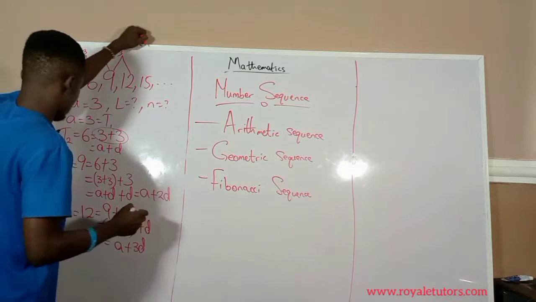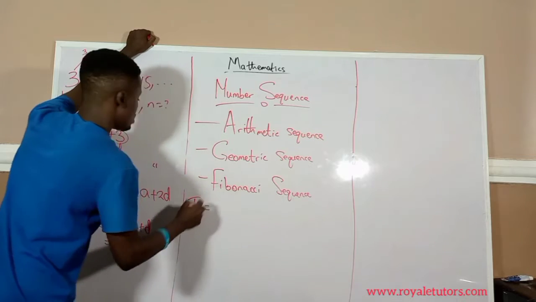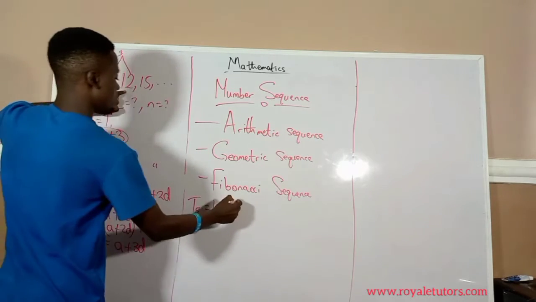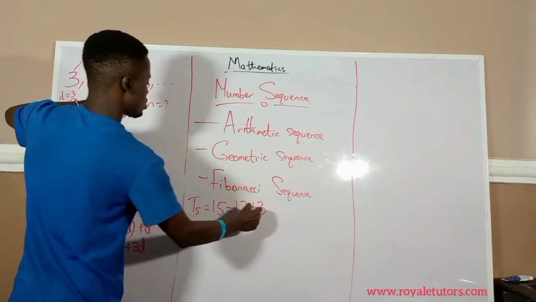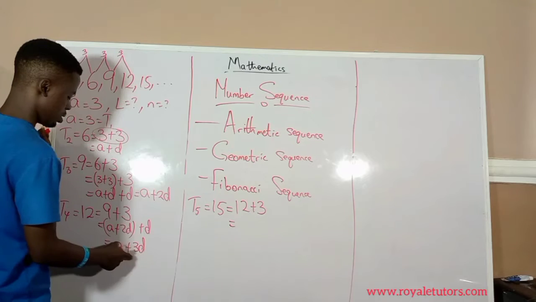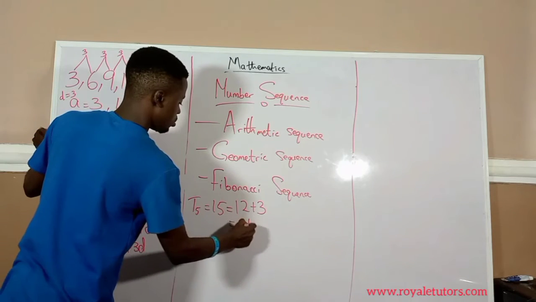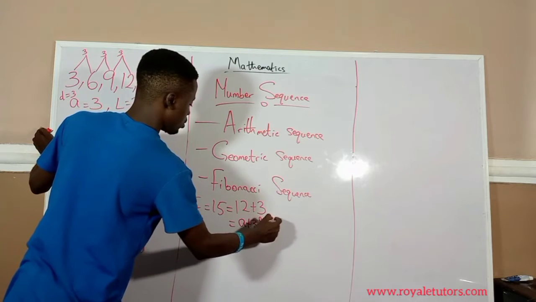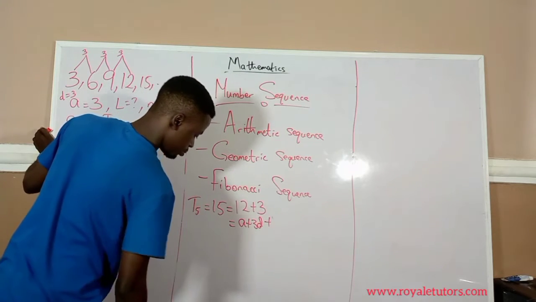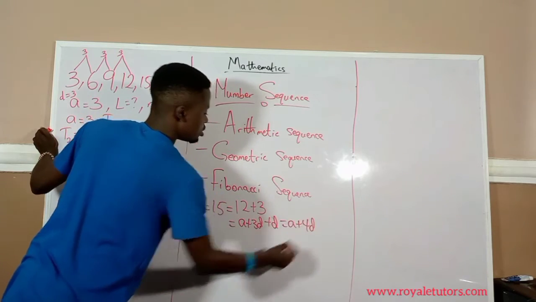Let me do one more before I generalize. The fifth term is 15, which can be written as 12, the previous term, plus the common difference, 12 plus 3. And 12 has been established to be a plus 3d. That's a plus 3d plus 3, which the 3 is also the common difference, and that is a plus 4d.